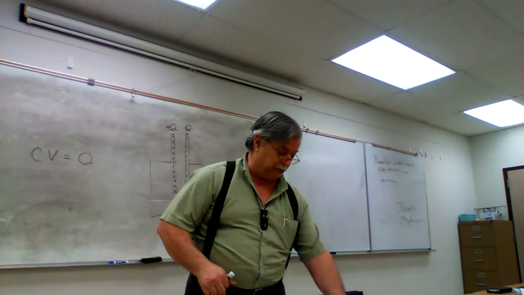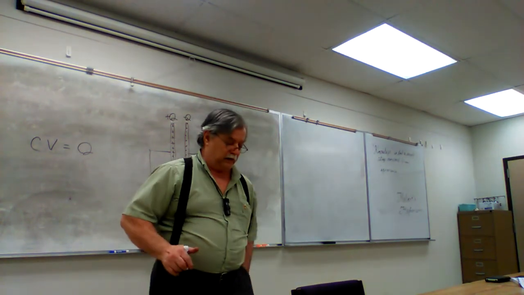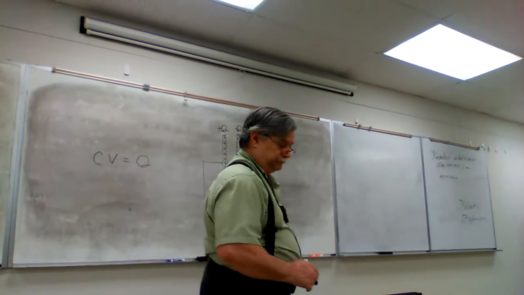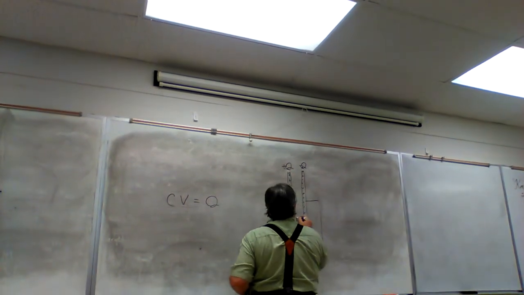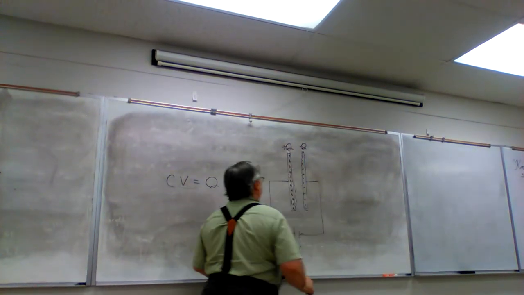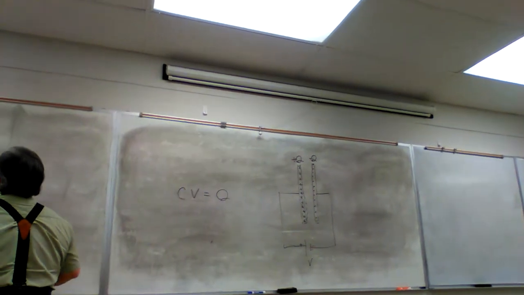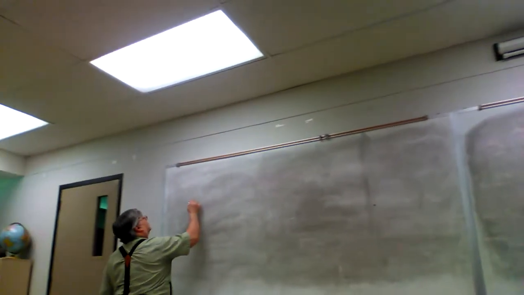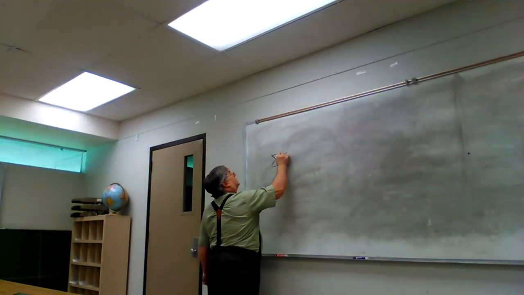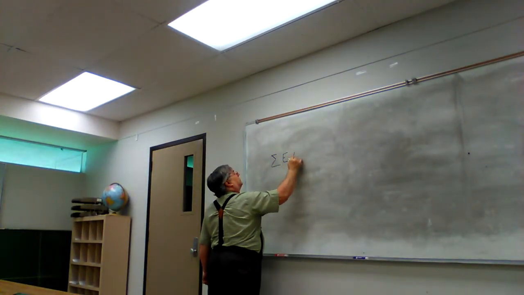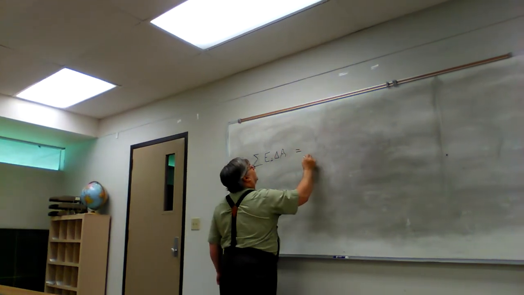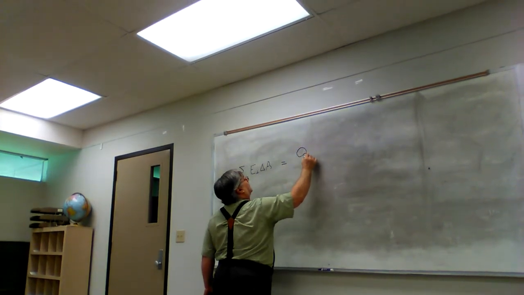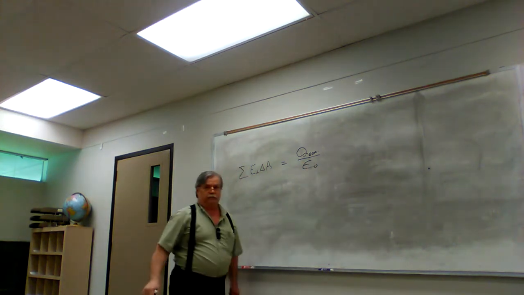Then I want to back up a little bit and go back and look at Gauss's law. If we wanted to draw a Gaussian surface and do the calculations, what would we discover? The sum of the perpendicular E fields times the change in area would be equal to the enclosed Q divided by epsilon sub naught, right?